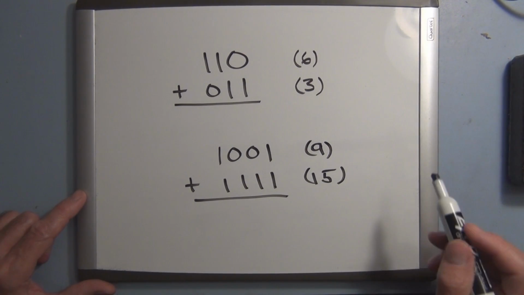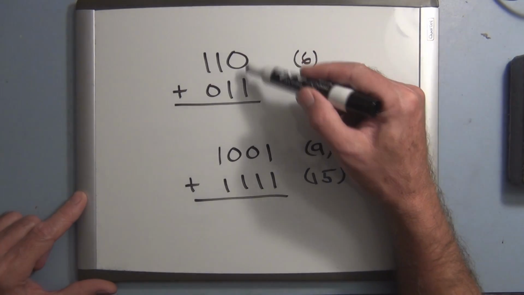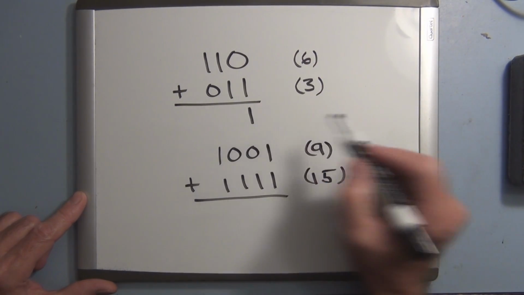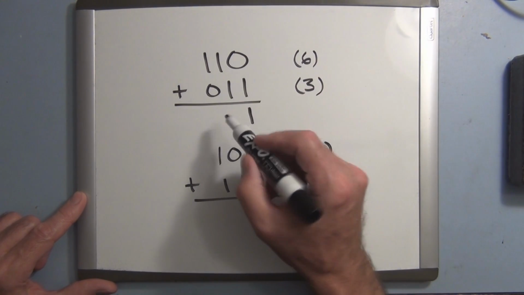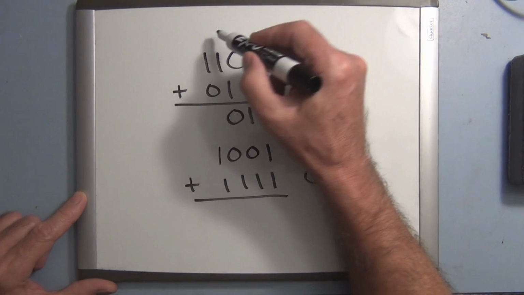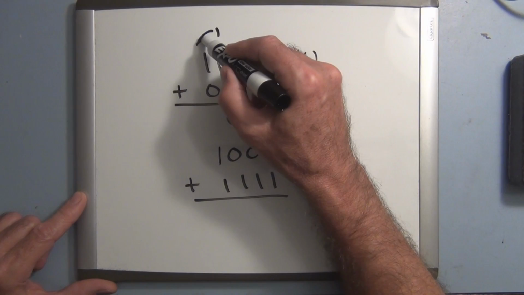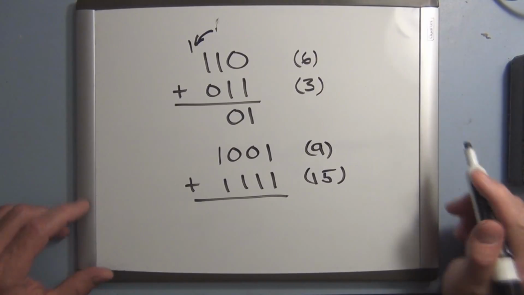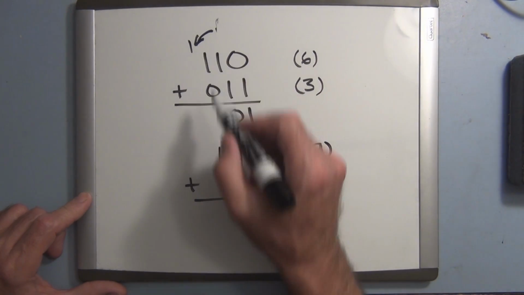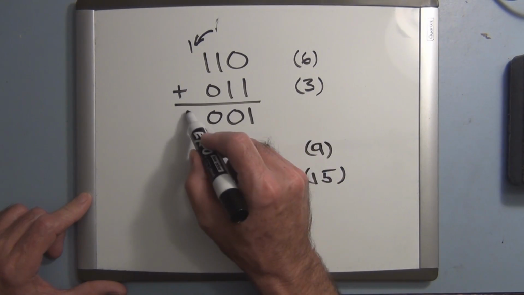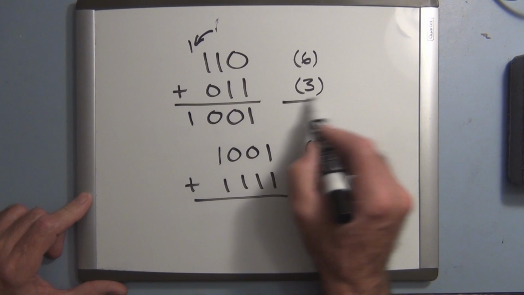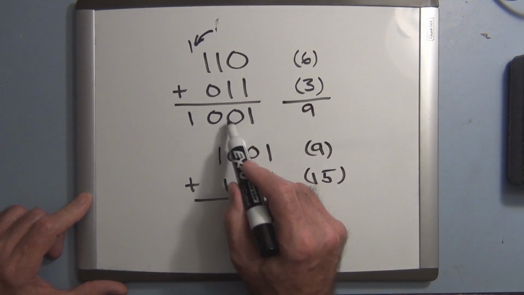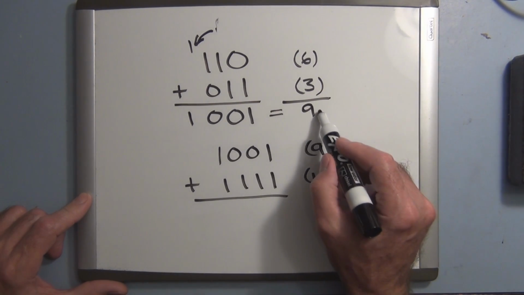So here we have two examples. We have a 0 and a 1, which is just a 1. A 1 and a 1 is a 0, plus we have a carry of 1 into the next position, and that gives us a 0 and a 1, and that's equal to 9 in decimal.